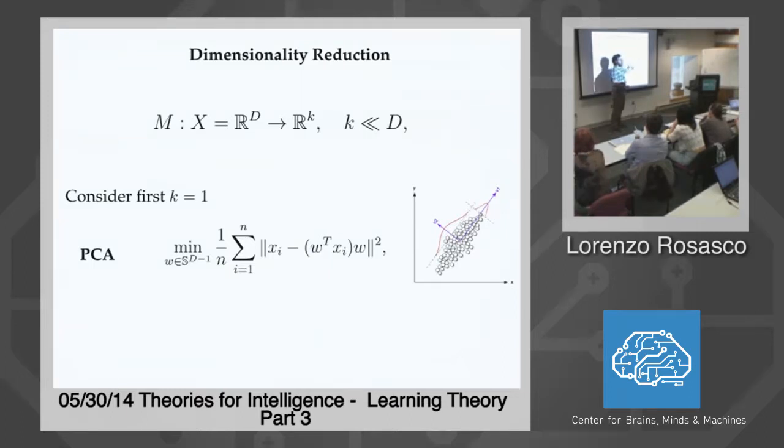This is the length of this one-dimensional direction, and then you check how far you are from the original vector. So one idea to find this one-dimensional direction, this linear projection: I want to do this for all the points at once, and I want to find the direction which, on average, is the best for all the points. It allows me to get the best reconstruction.